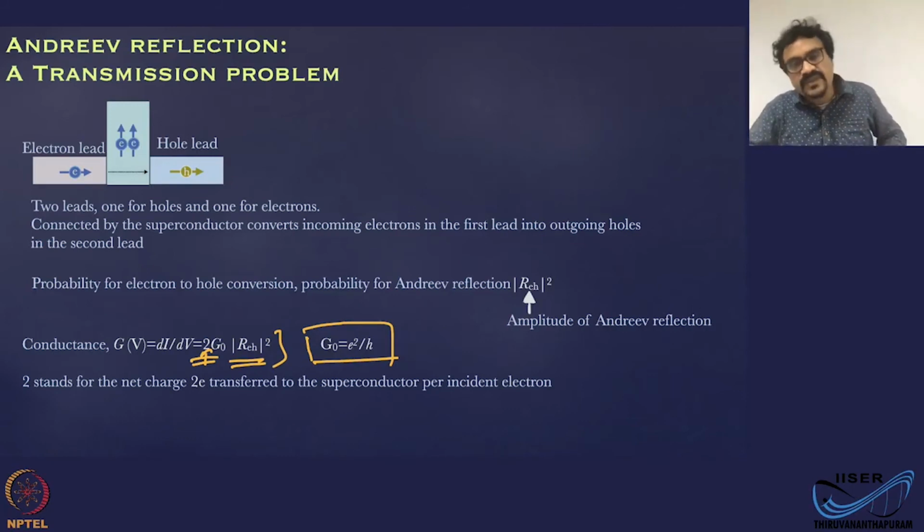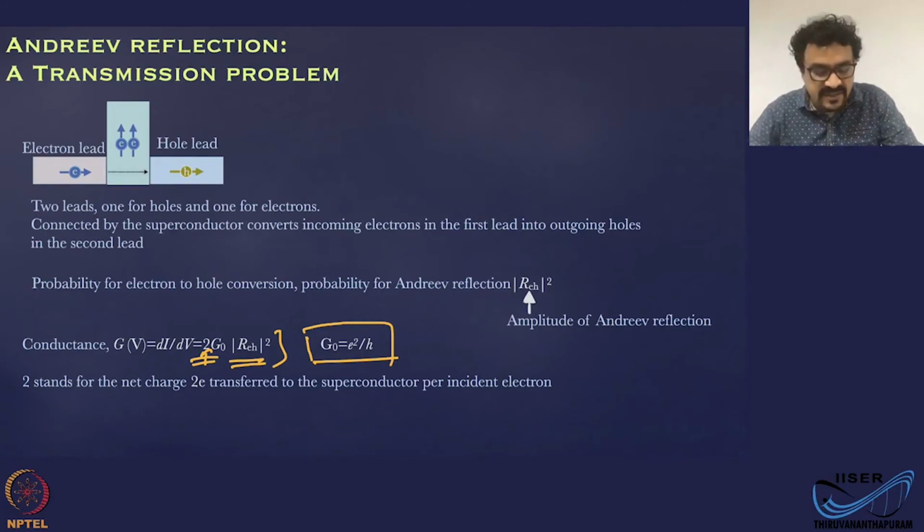So now, just to summarize, anti-reflection is the process by which you can get current flowing from normal metal to superconductor and from superconductor to normal metal on the other end when the applied voltage is less than the superconducting gap.